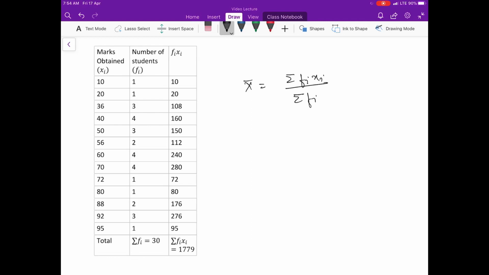We already saw this in class 9 also. So here you will have 1779 divided by 30, that is equal to 59.3. So the average marks of the class is 59.3.